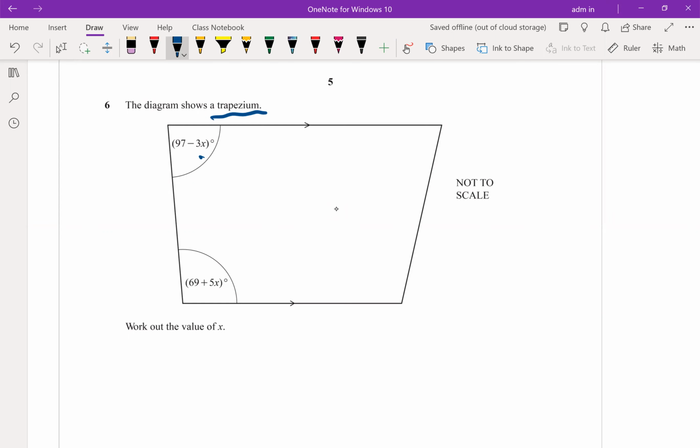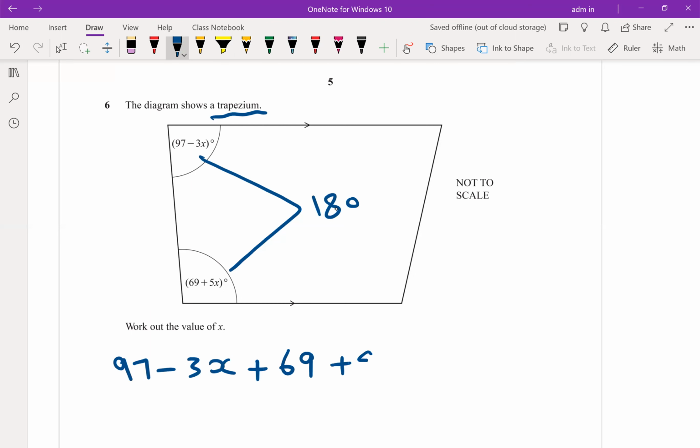These 2 angles, their sum equals what? 180. Co-interior angles or allied angles. Their sum is equal to 180. So 97 minus 3x plus 69 plus 5x is equal to 180.